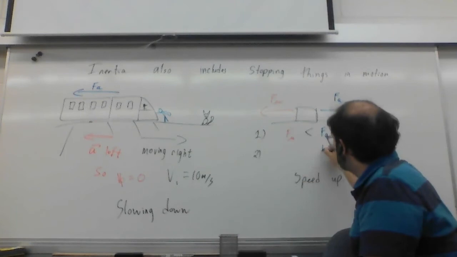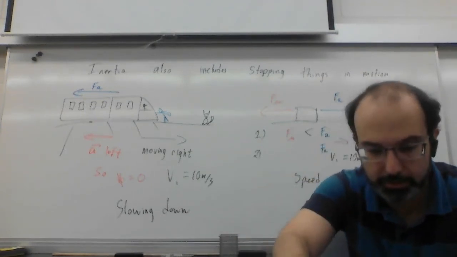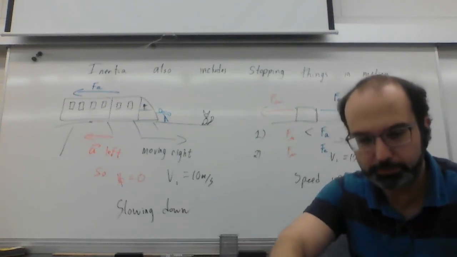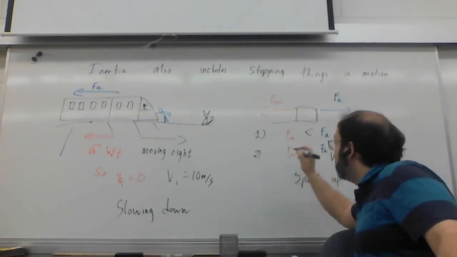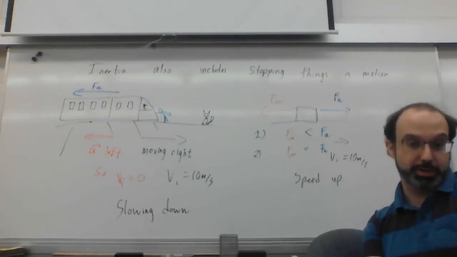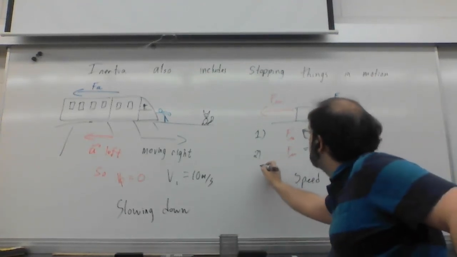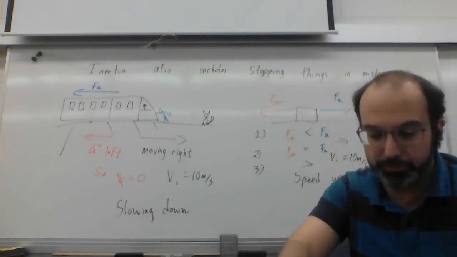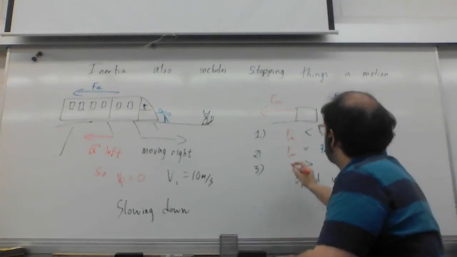Second option is that the force applied and the force of friction could be the same. And option 3, of course, is our final part of the puzzle, where the force of friction is bigger.